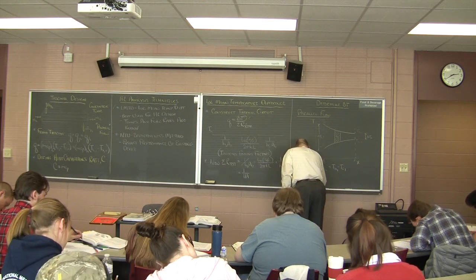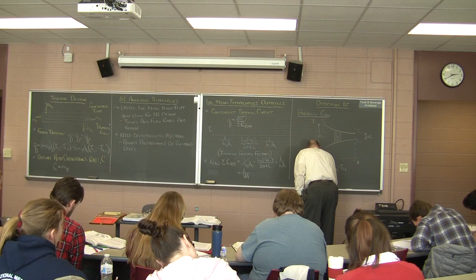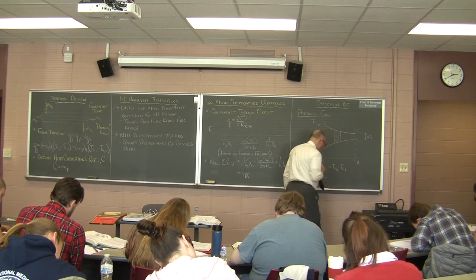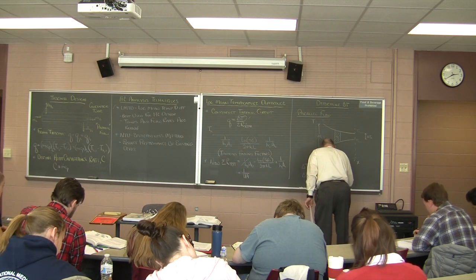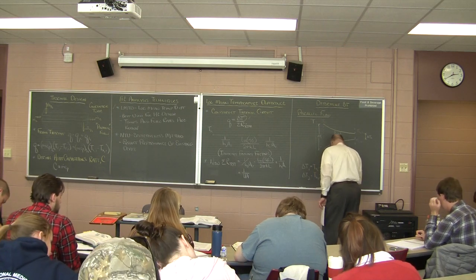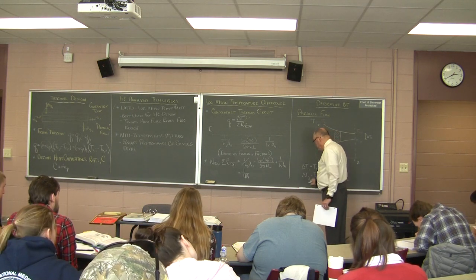And delta T2 is going to be equal to T_H out minus T cold out, and that's going to be equal to T_H at 2 minus T cold at 2. All right, so that's for the case of parallel.